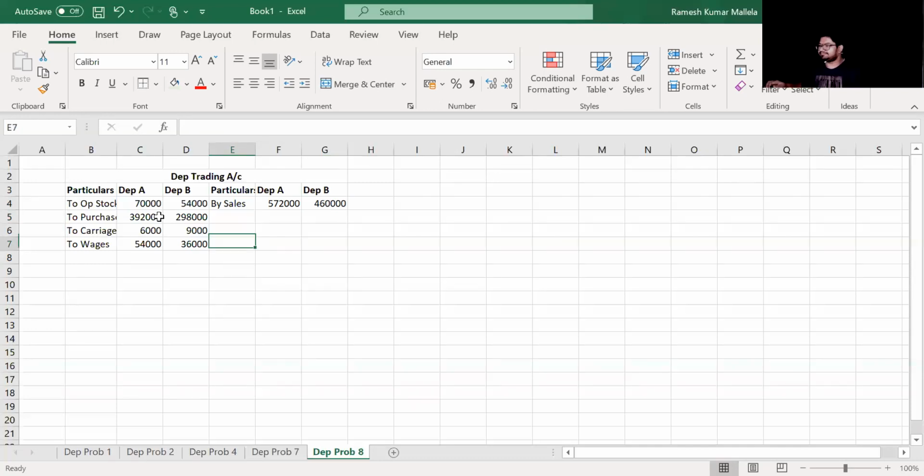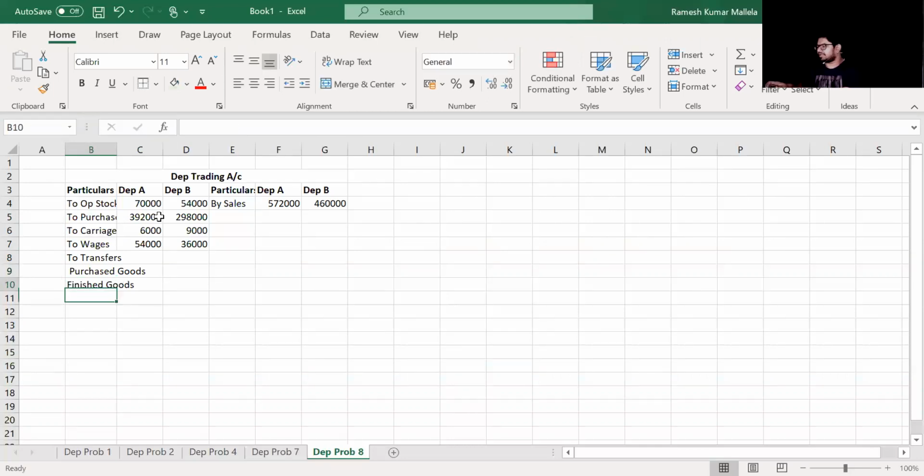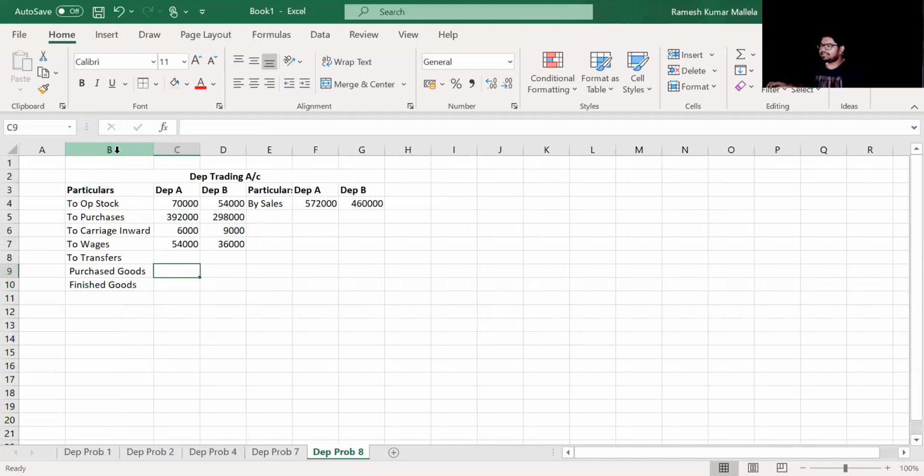So let us take them to transfers. Okay. Now there are two varieties of transfers which are made. One is directly purchased goods are transferred. Second, even the finished goods are also transferred. Okay. So let us take both of these. Now purchased goods, what did he convey?